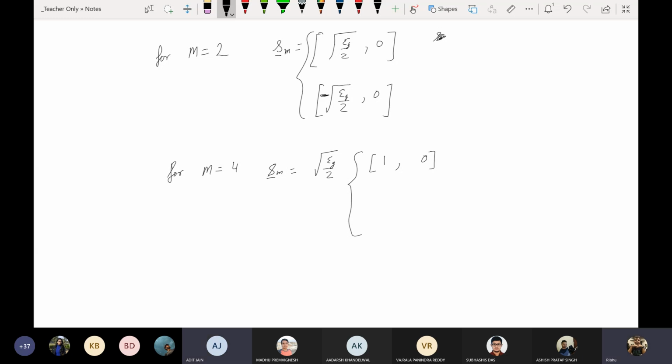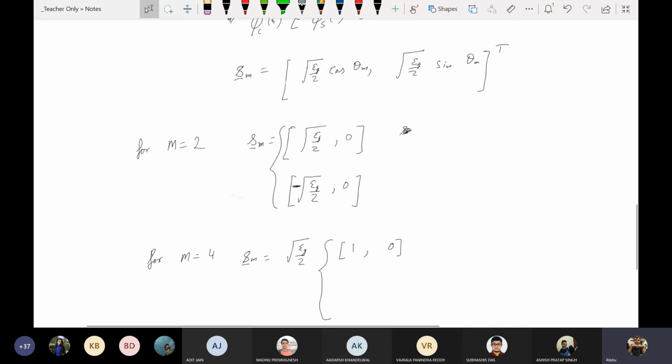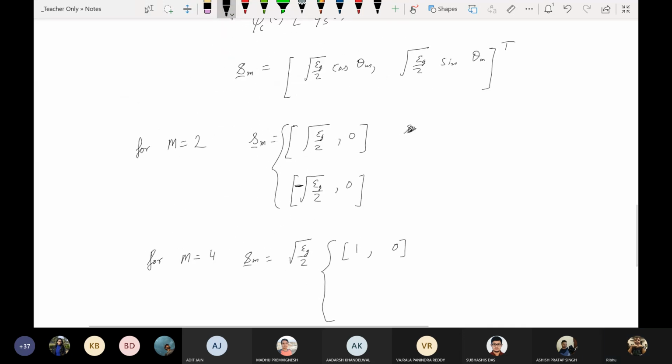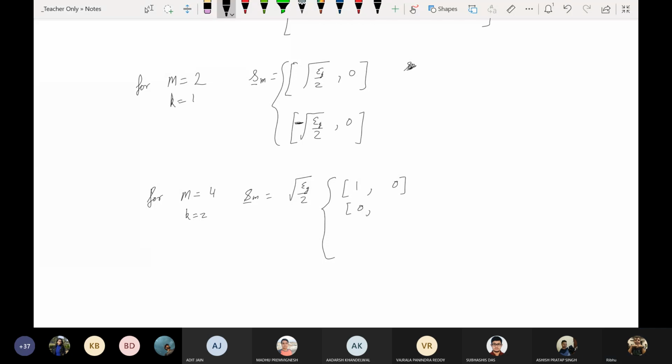But they are for two different bits. Yes, there are two possible symbols. So this is M equal to 2 or k equal to 1; one bit can take two values. This is k equal to 2: 1 0 0 1.